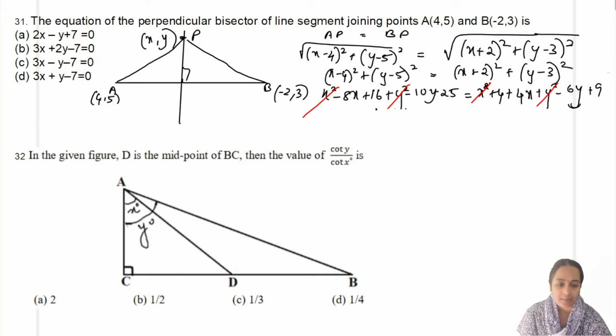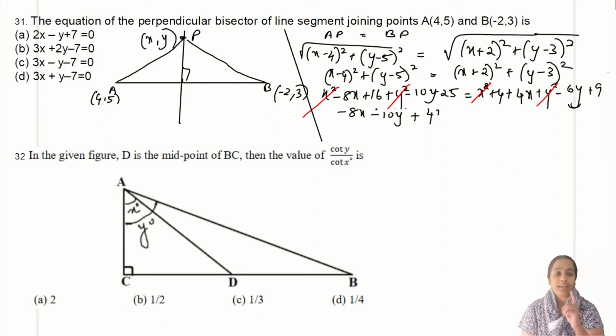So now what I have, children, is, let me draw a line here. I have minus 8x minus 10y plus 41 on the left hand side. Right hand side, I have 4x minus 6y plus 13. When I take minus 8x to the right hand side, it will be plus 8x, so it becomes 12x.